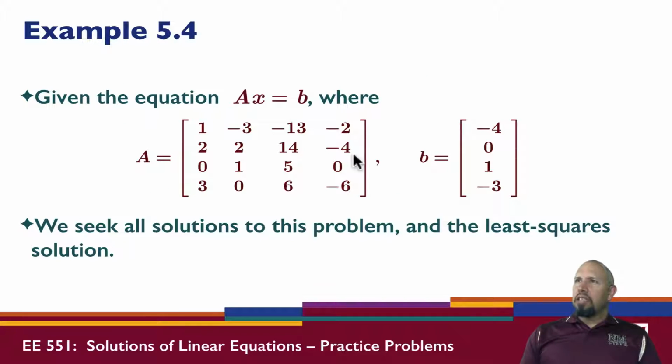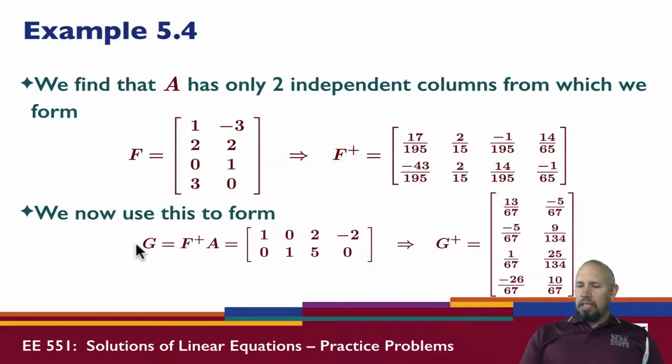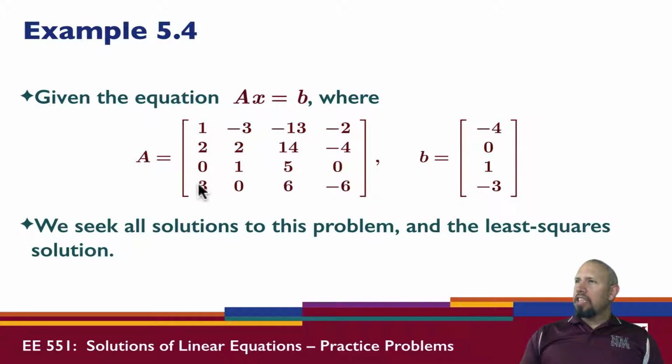All right, moving on to the next example. Again, AX is equal to B is what we're looking for. Here's our A, here's our B. We're looking for all solutions to this problem and the least square solution. For this particular A, I can see that these two columns are independent of one another. I can see that this column is a multiple of that column, and I could go through and show that this column is actually 4 times this column minus that column.